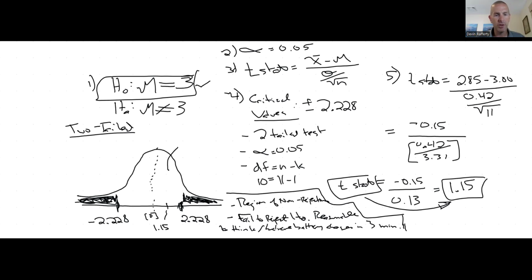Okay, we're in the region of non-rejection. And if we're in the region of non-rejection, then we fail to reject the null hypothesis. If we fail to reject the null hypothesis, then it's reasonable to believe that the battery will charge in 3 minutes.